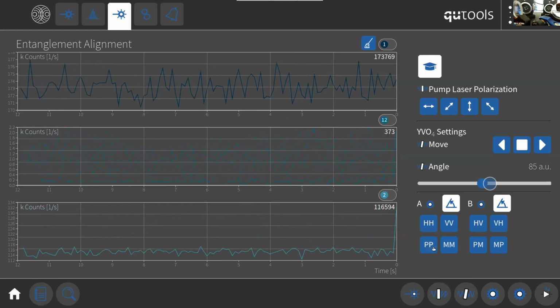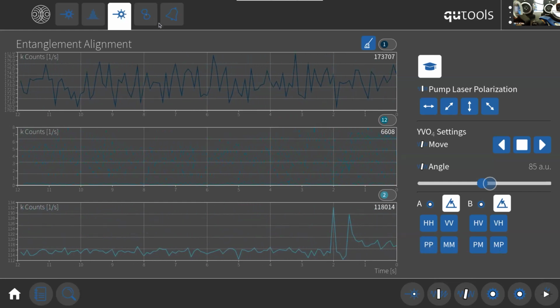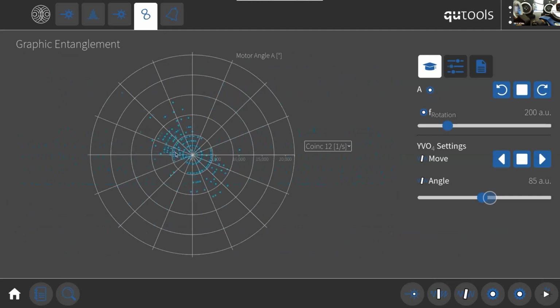And to show you the entanglement even further, I can switch to the next display, which is called graphic entanglement, because here we have a kind of graphical representation of these nonlinear correlations that we just saw. As a display, we have a polar diagram on the left side.